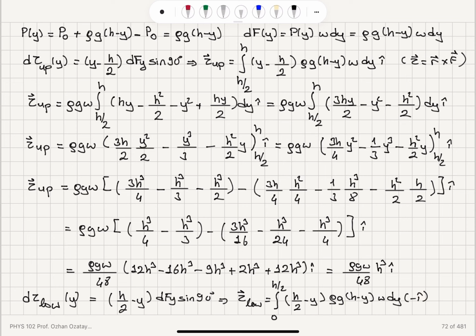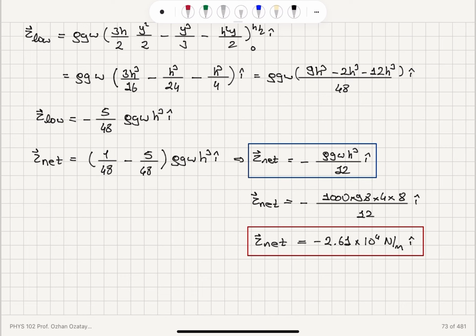I noticed here, if I operate this minus sign, it's an identical integral. So that's what I did here. And as I thought, the torque turned out to be in minus I hat direction from this calculation. The net torque, with the torque due to the lower portion being higher, is minus 4 over 48, which is minus 1 over 12 rho GW h cube I hat. We can substitute the numbers to get the numerical result.